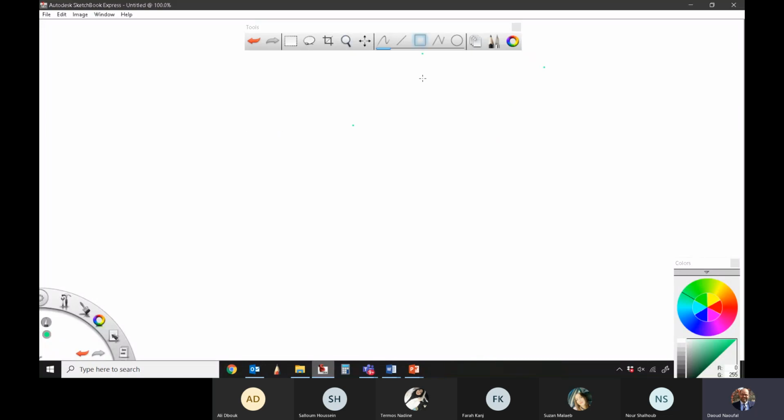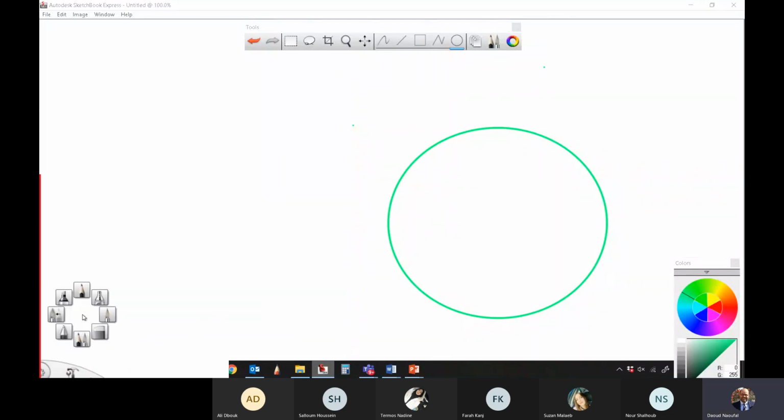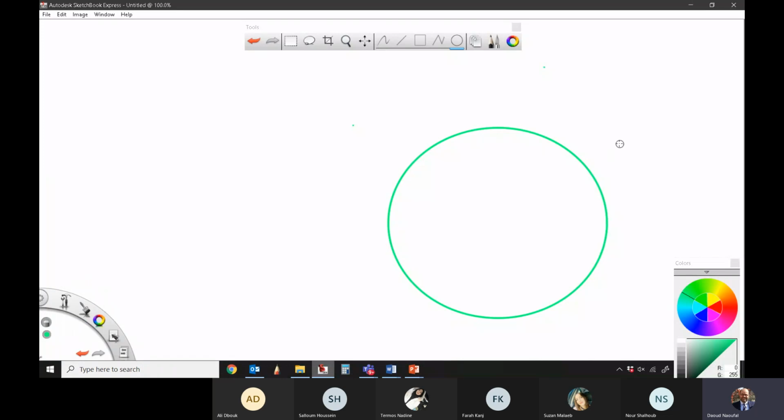I will write the steps. First, you have to write your catalytic cycle. This is the catalytic cycle. Second, you will start initially by your catalyst.